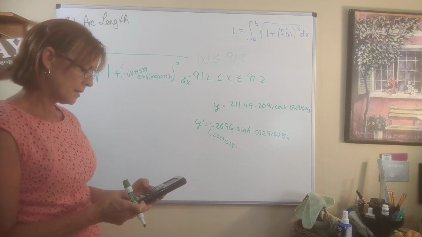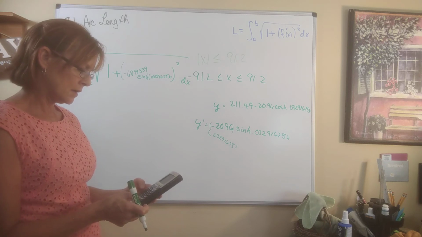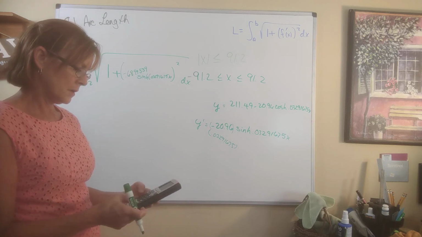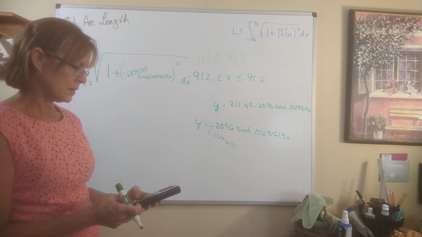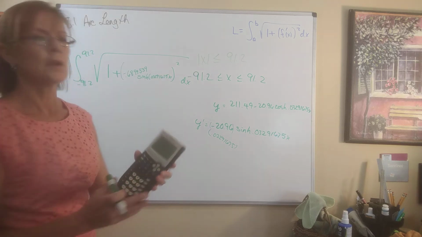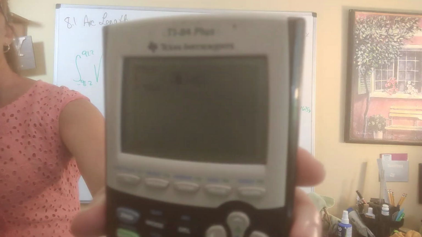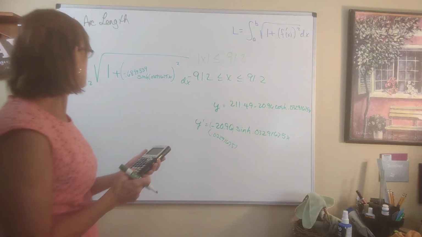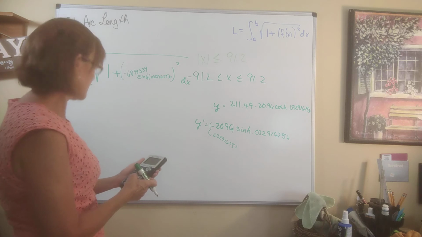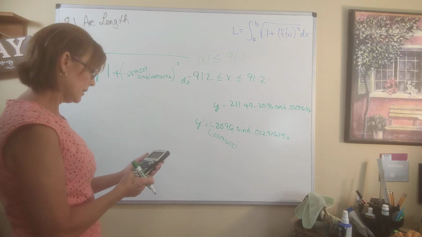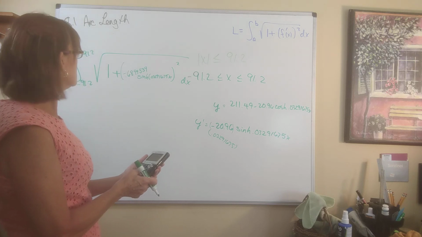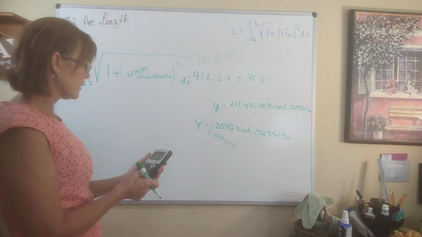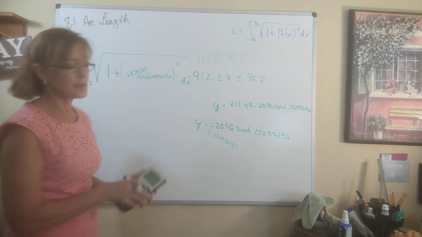Okay, I already messed that up, so let me try that again. Negative 91.2, 91.2. I want to hit the square root. Now I want it to look like that. Okay, and then I'm going to enter 1 plus parentheses negative 0.6899539. And now I have to find the hyperbolic sine.